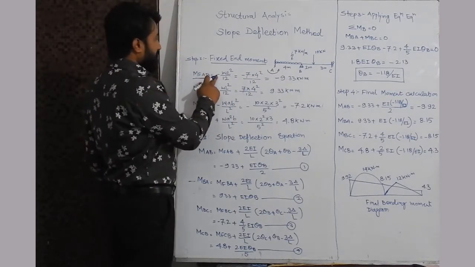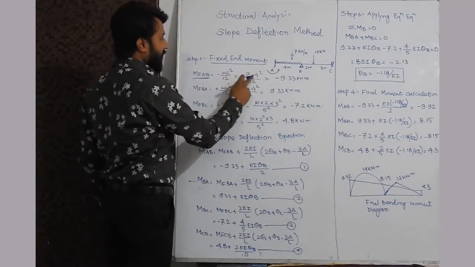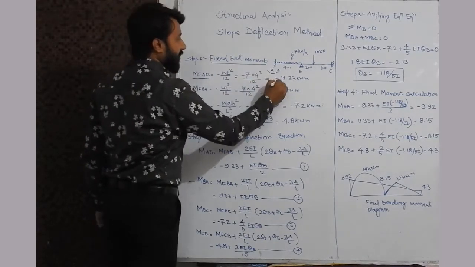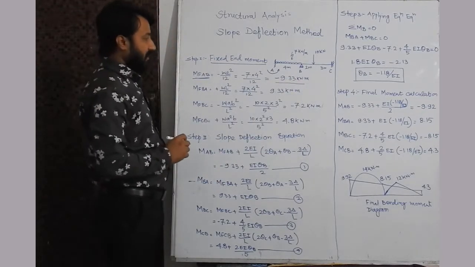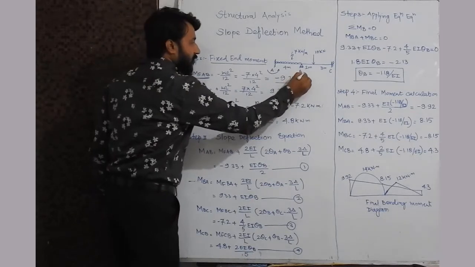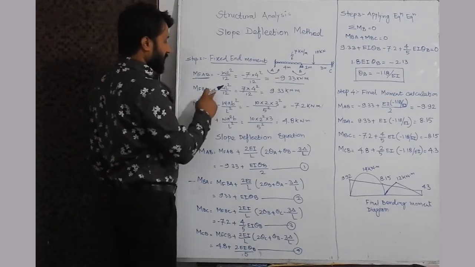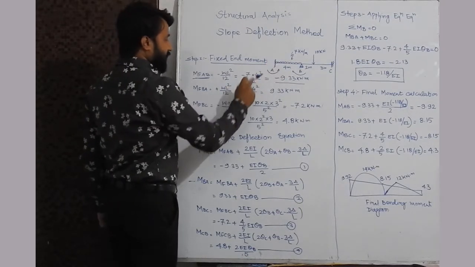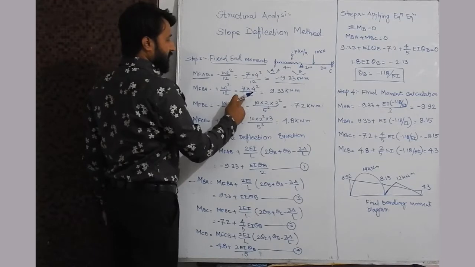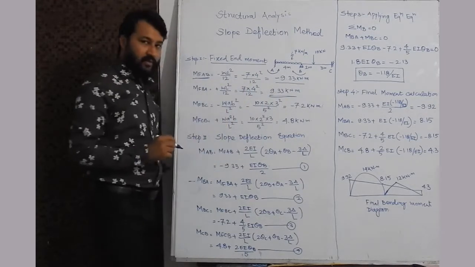W is 7 kilonewton, L is 4 meter, divided by 12, so we get minus 9.33 kilonewton meter. Similarly for fixed moment BA, this will be plus, as the rotation is clockwise. WL square by 12 equals 7 into 4 square divided by 12, and the value we get is plus 9.33.